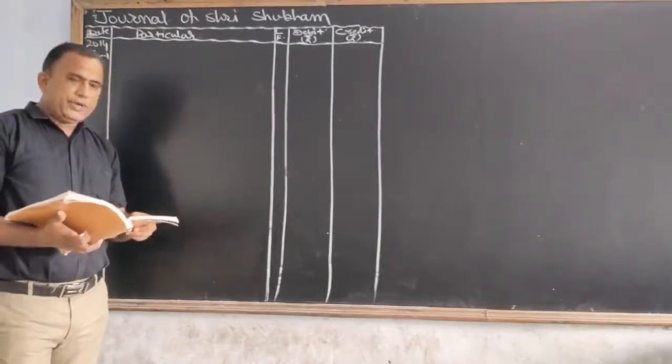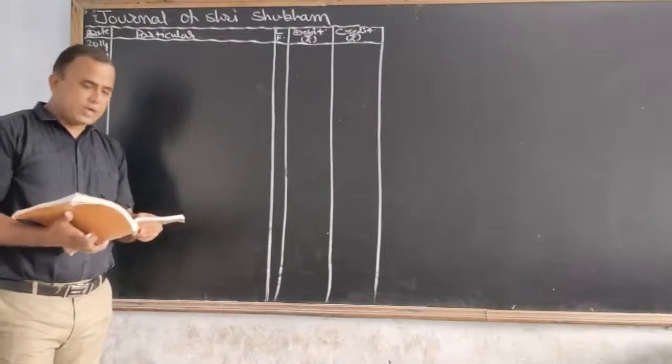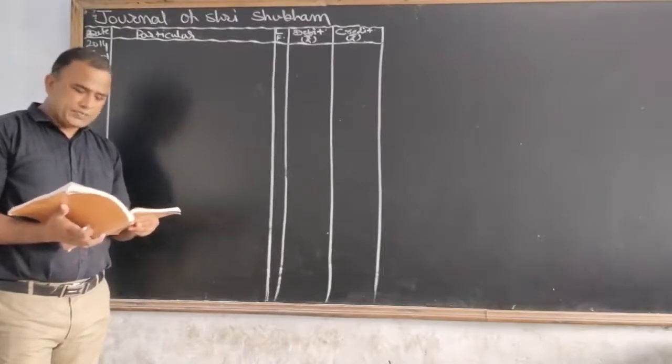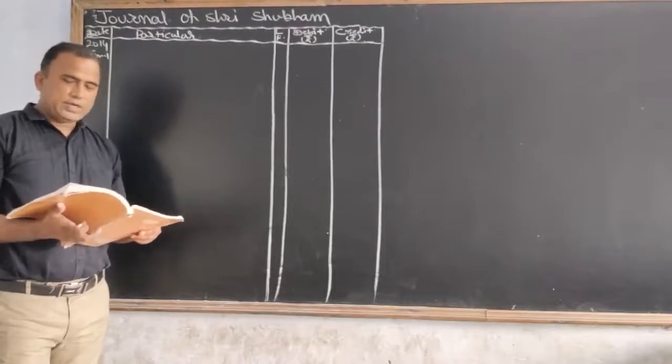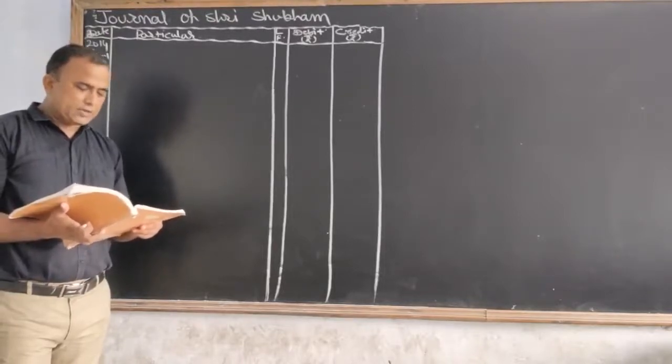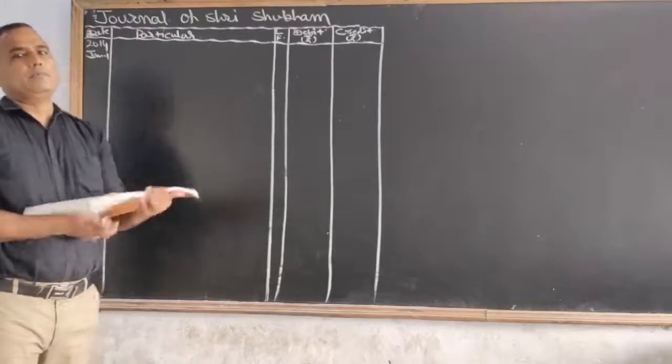First one, introduced goods of rupees 10,000, cash of rupees 15,000, furniture of rupees 5,000, debtors of rupees 10,000, and commenced the business.